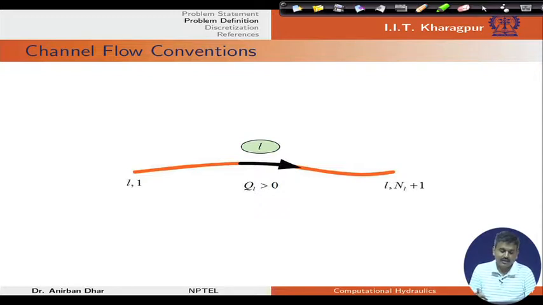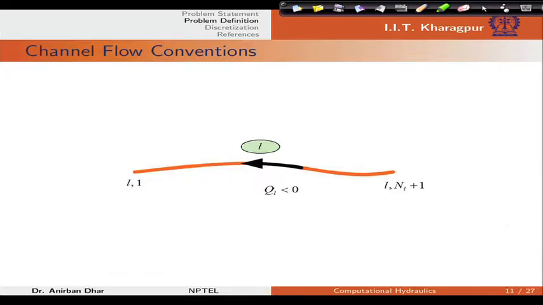Before that, this is our flow convention that we are utilizing, from 1 to n, L1 to NL plus 1, we have positive flow. If the flow value is negative, obviously the direction of the flow will be opposite, and from junction left to right this flow is occurring. So, for one junction it is negative, for another junction it is positive.